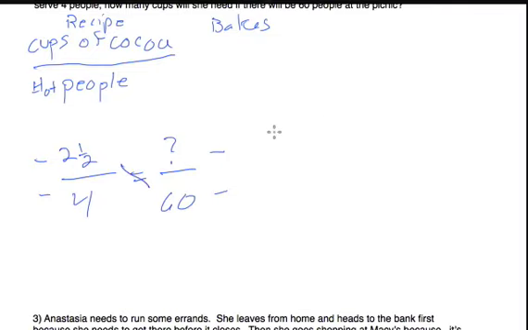So let's do it. All right, cross multiply. 60 times 2.5 divided by 4. 60 over 1 times 5 halves, that equals 300 over 2.